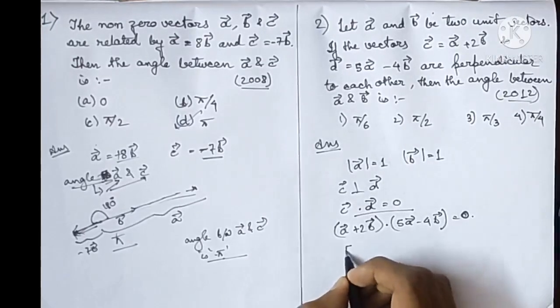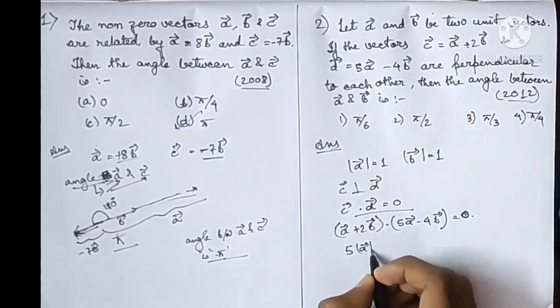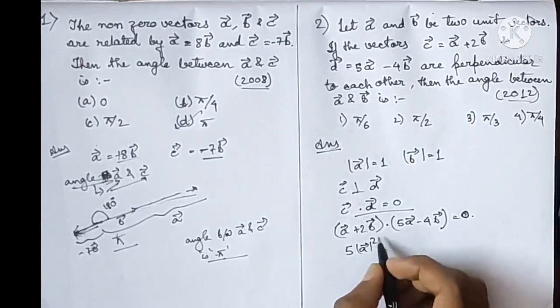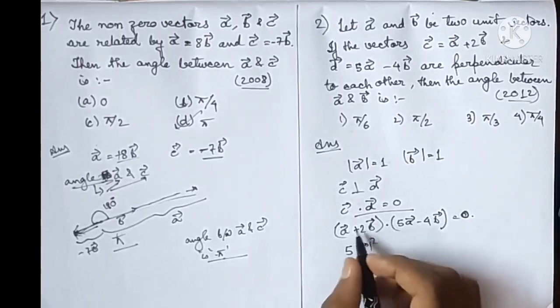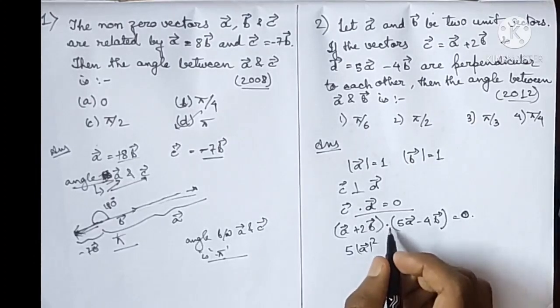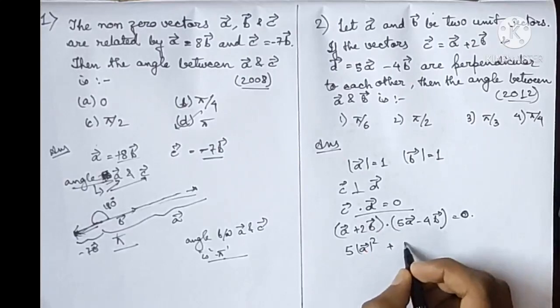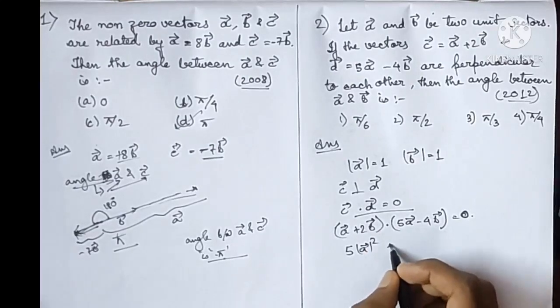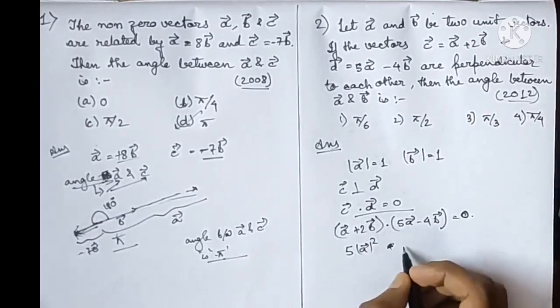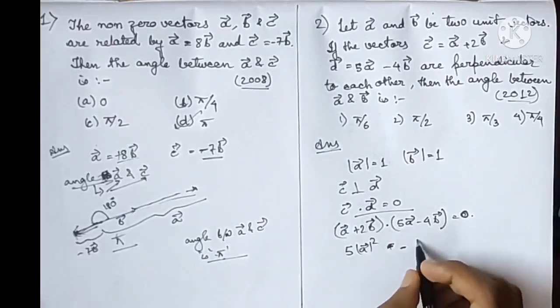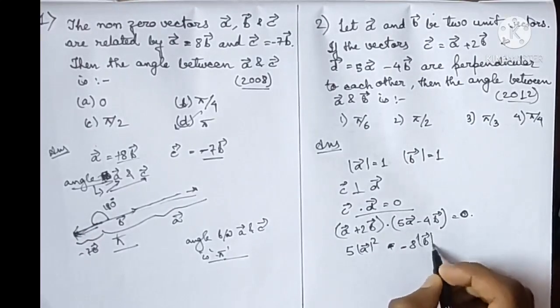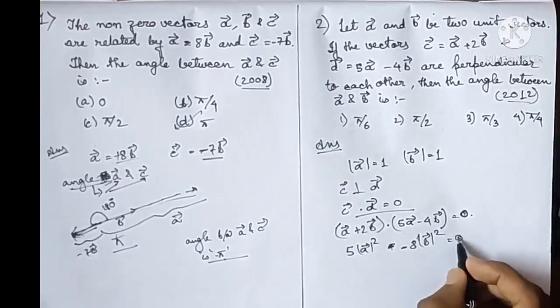So here we have 5A square, plus, sorry, minus, we're having minus here, so minus 8 B vector mod square is equal to 0.